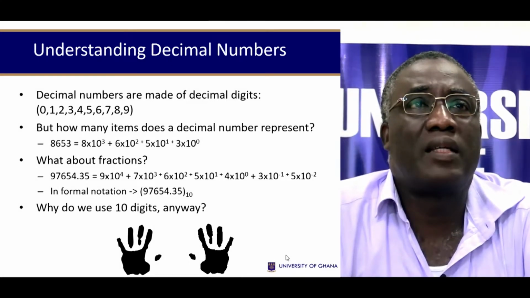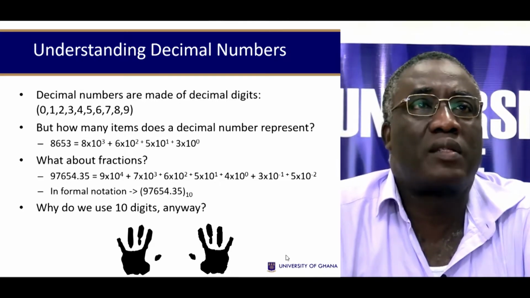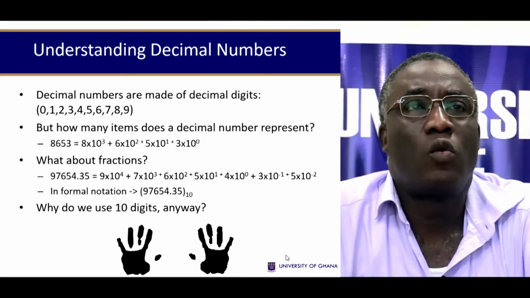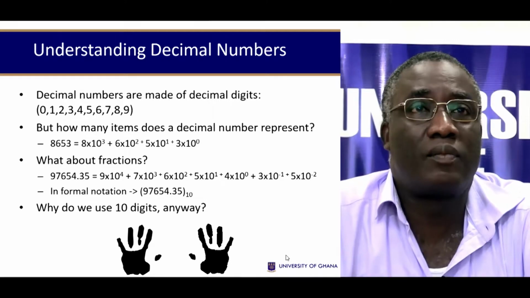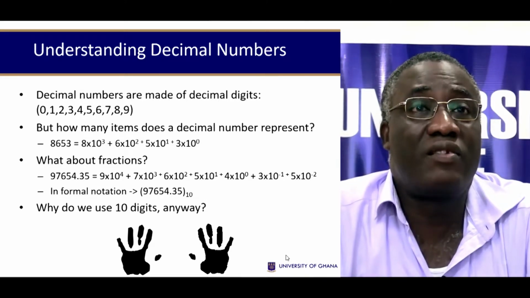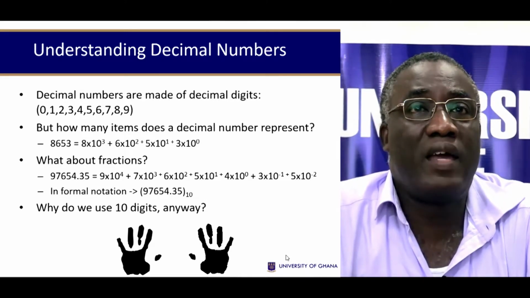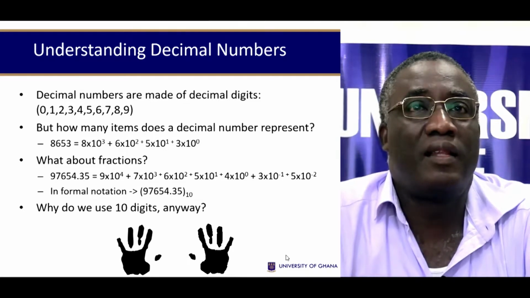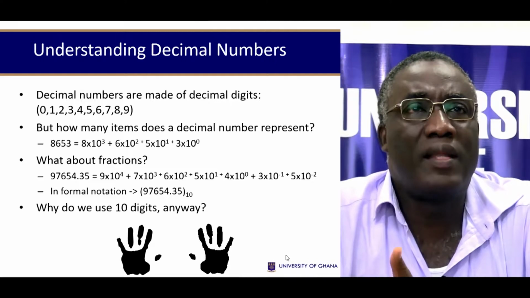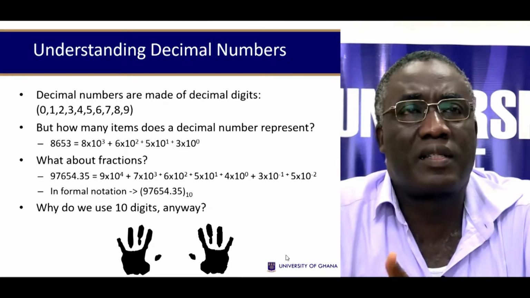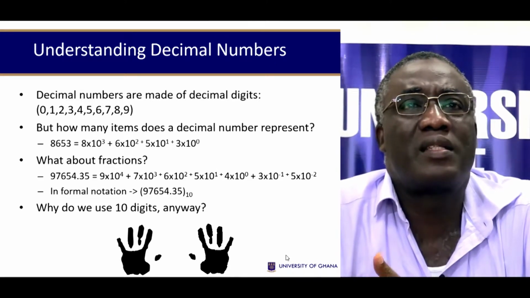What you really mean by saying 8,653 is that there are 8 thousands, 6 hundreds, 5 tens, and 3 ones or 3 units. That is what the number actually stands for.